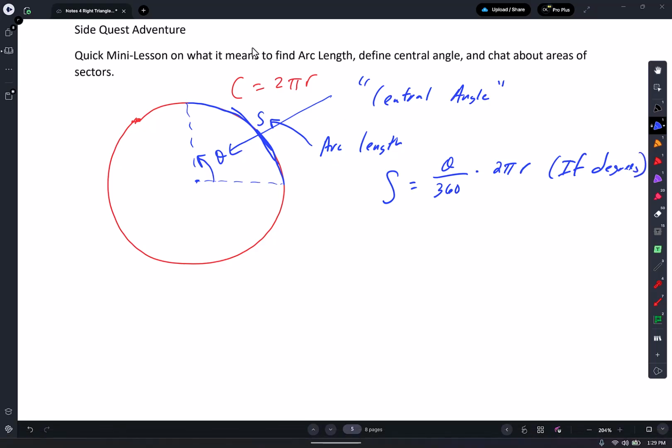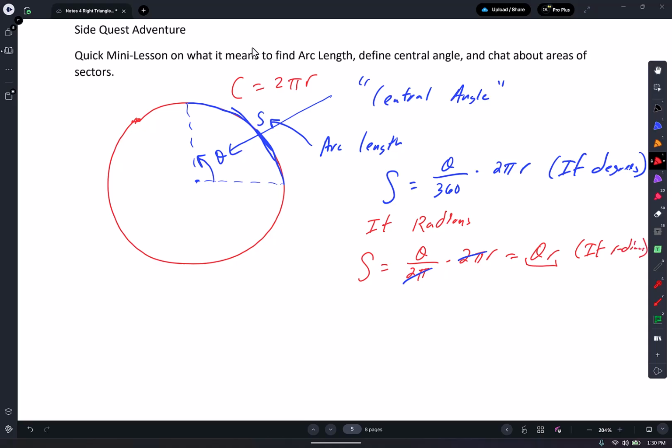But if in radians, and I'll do that one circled in red, S equals theta over how many radians in one revolution? 2 pi, times the circumference of a circle, 2 pi r. Notice that the 2 pi's cancel out, and you just get theta r. Look how cool that is. So that's why sometimes radians is superior to degrees. It simplifies things a lot. If radians.